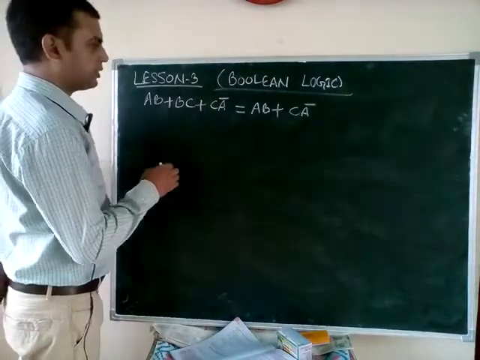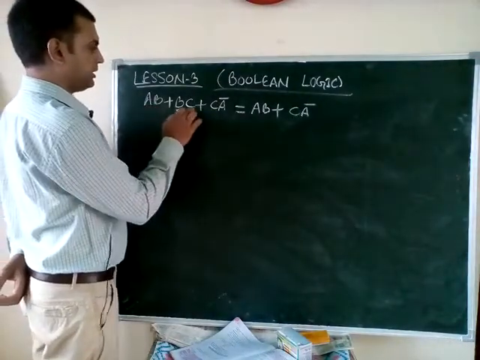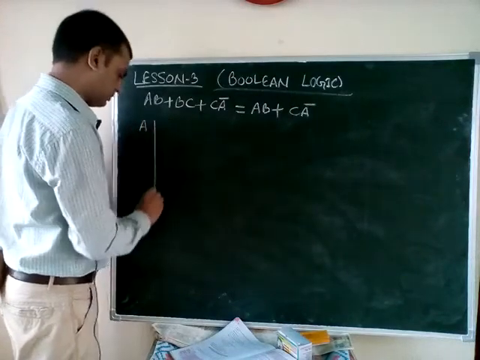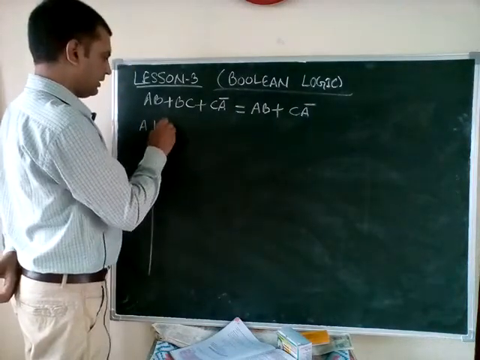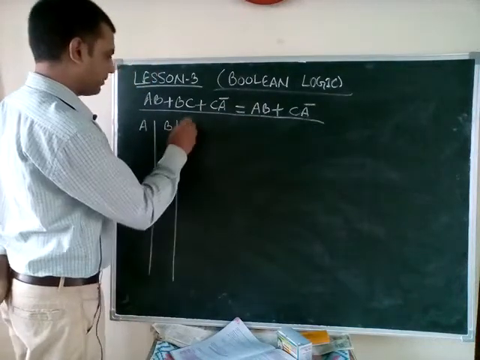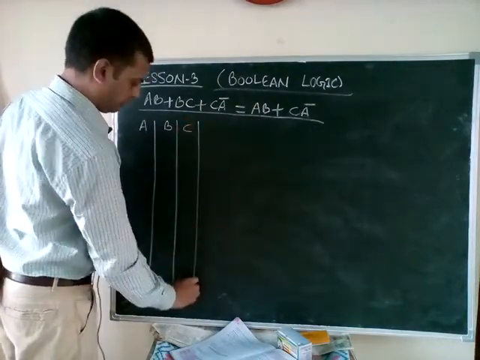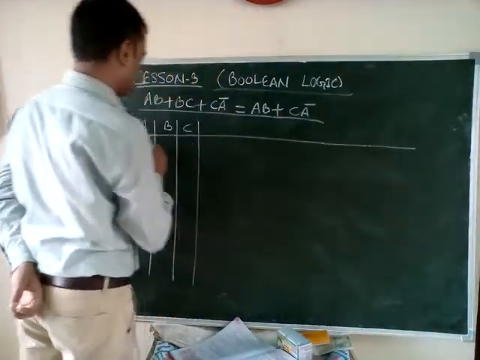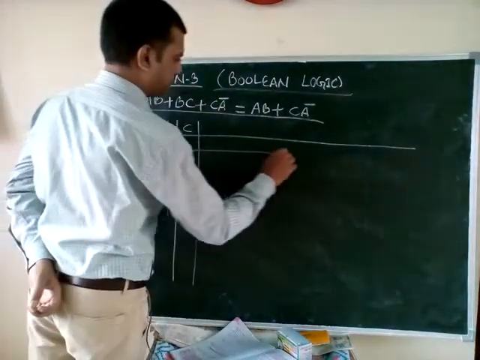In this you have to count the number of variables A, B and C. So 3 variables it is, A, B and C. For 3 variables you know that 8 input conditions will be there.